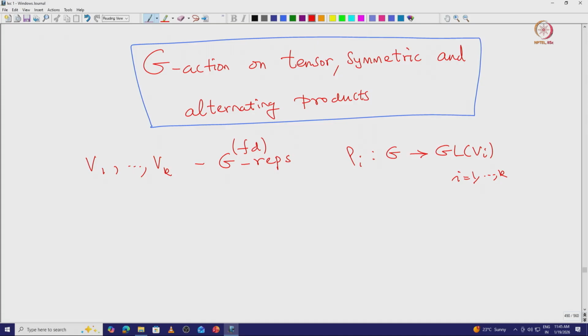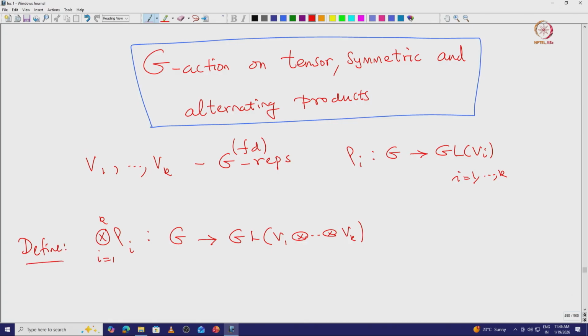So, let us see how one can define it. Let us write it as rho i, tensor, i ranging from 1 to k. This is a map from G to GL of V1 tensor etc. Vk.